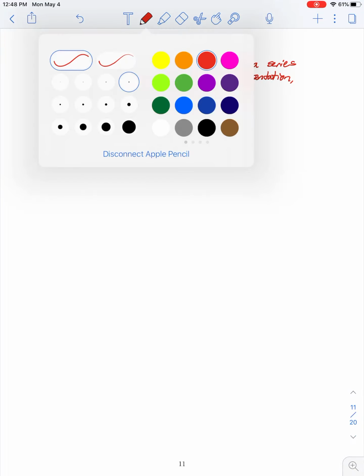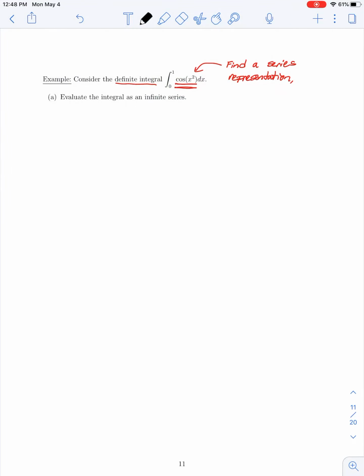So using the work that we had done in our previous examples, well, we know an expression for the Maclaurin series of cosine of x. Cosine of x is given by the sum from 0 to infinity of negative 1 to the n times x to the 2n all over 2n factorial.